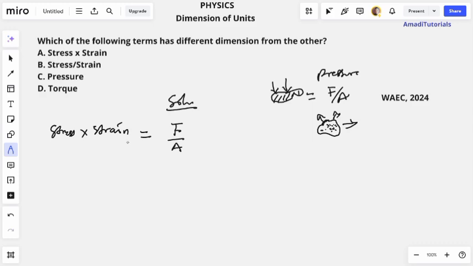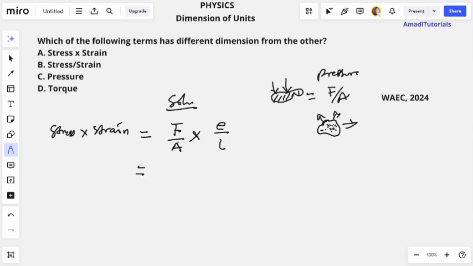Okay, so let's go back. Stress is force per unit area times strain. The mathematical definition of strain is extension over length, that's extension per unit length. So let's find the dimension for this combination.